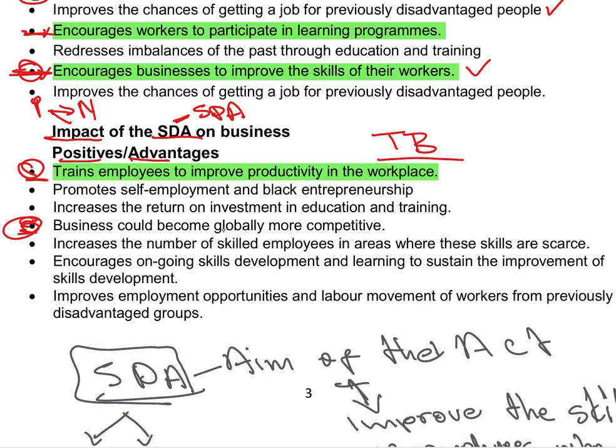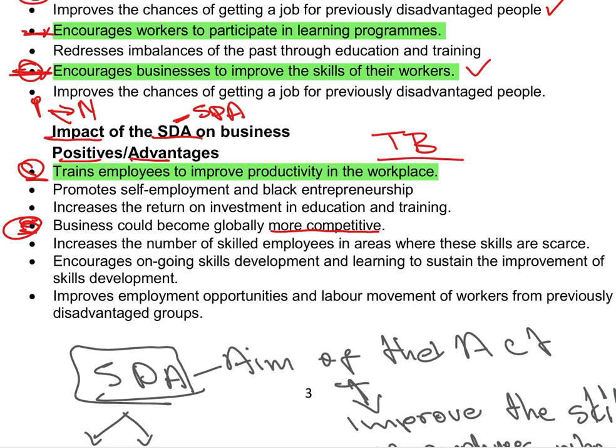Businesses could become globally more competitive. When they're saying more competitive, it means that you are standing strong against your competitors. It simply means that when I take you to training, I keep on training you.